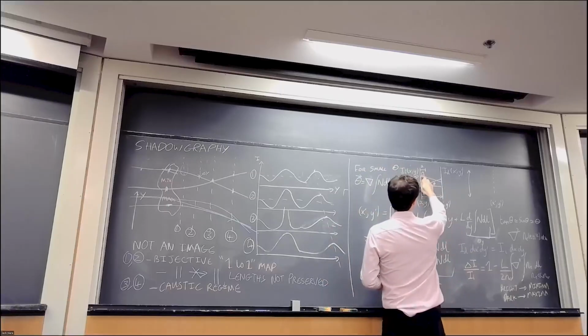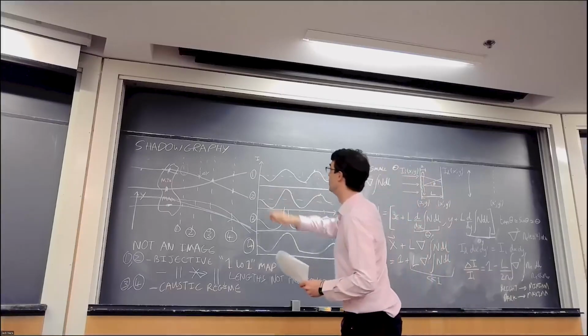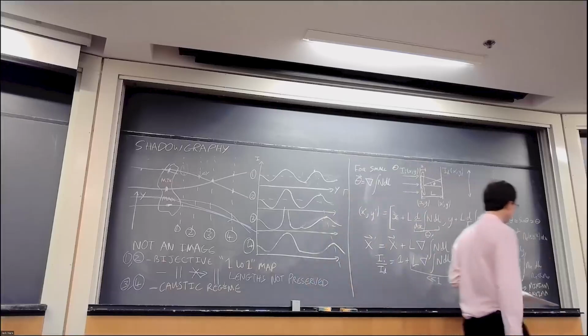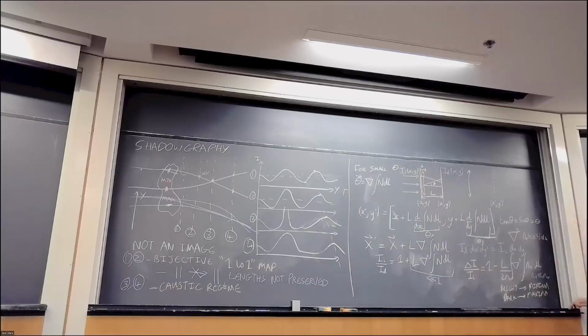If you don't have this condition, you actually end up in the caustic regime more easily. And again, I'll point you to some references later, which talk about this in a bit more detail. In the case where the thickness of the plasma is much less than the distance between the plasma and the detector, it doesn't really matter which way around you do this operation. So, yeah, good question.